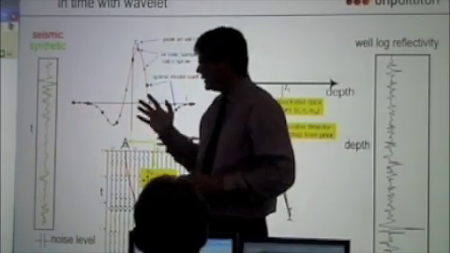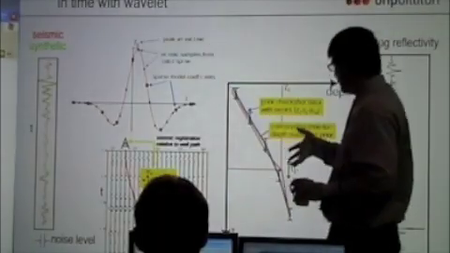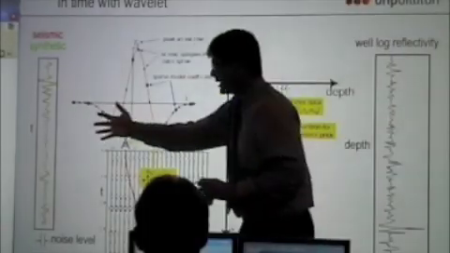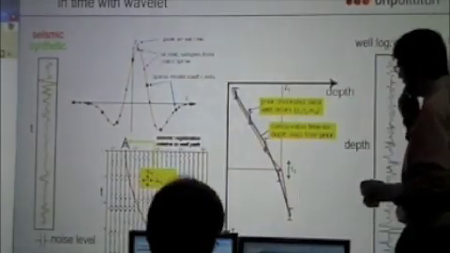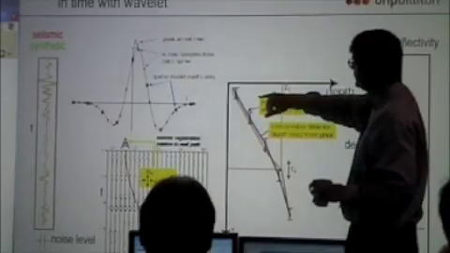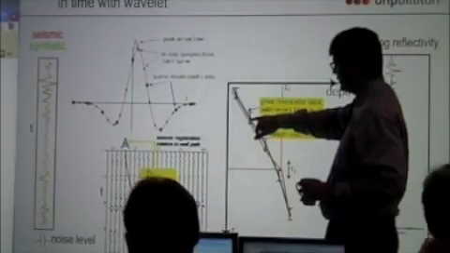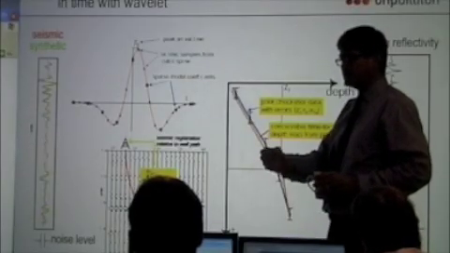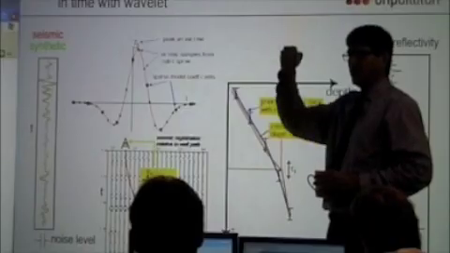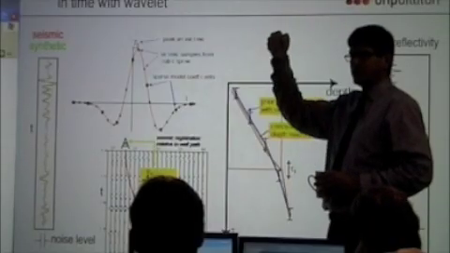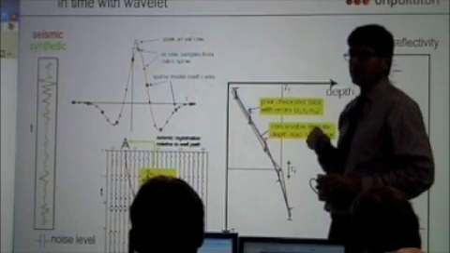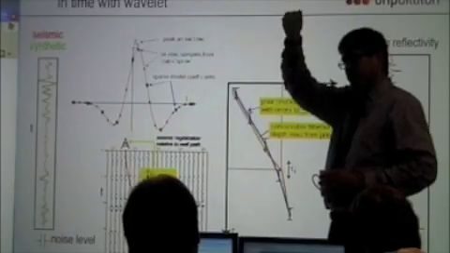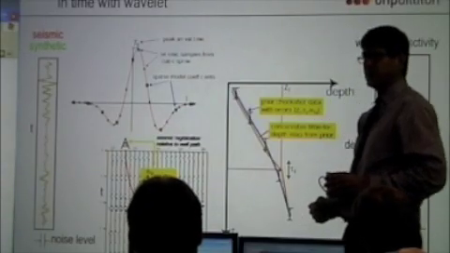Now, that being said, we need to have a time to depth mapping to take the well log into seismic. One way of getting an estimate of what's happening is with a VSP or check shot. That's literally shaking at different places in the hole and listening, or vice versa: having sources on the surface and listening for them at different depths in the hole.